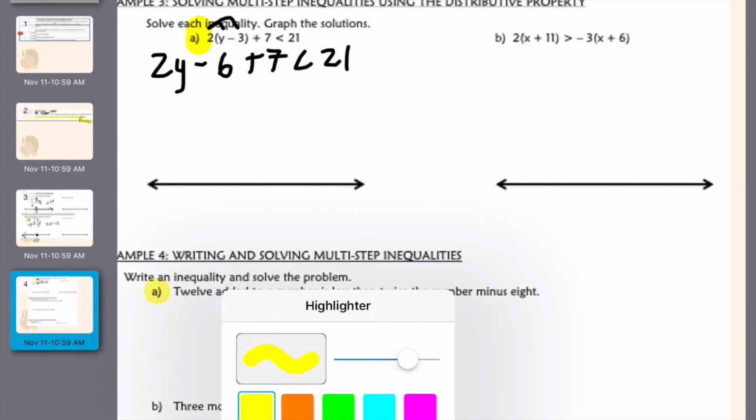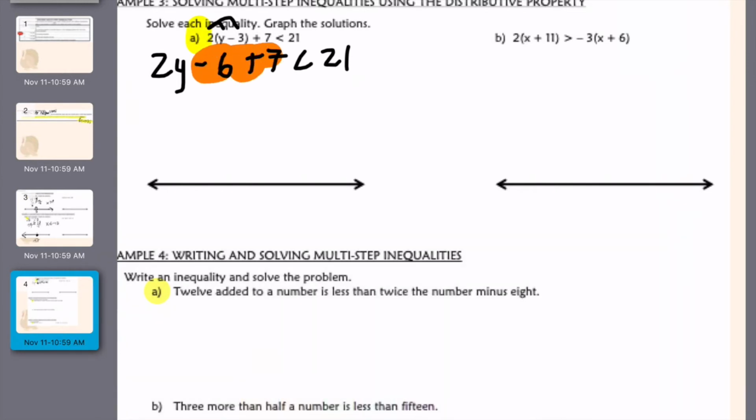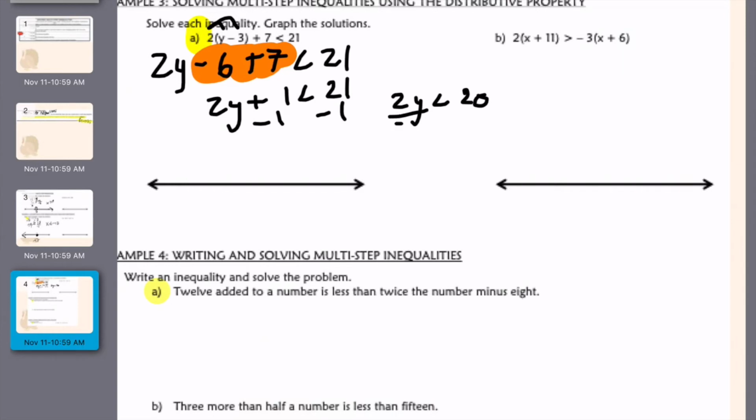I look and I see that negative 6 and 7 are like terms. So this is 2y plus 1 is less than 21. So I need to subtract 1 on both sides. I get 2y is less than 20. Divide by 2 on both sides, and I get y is less than 10.